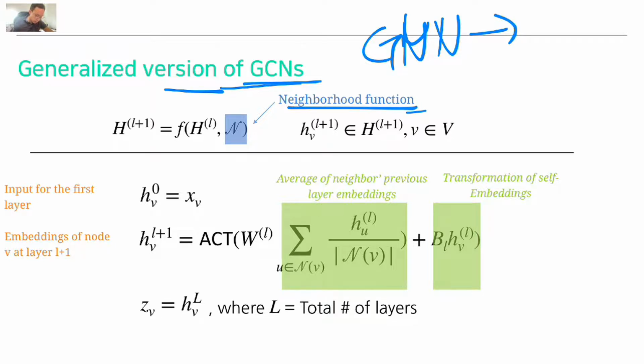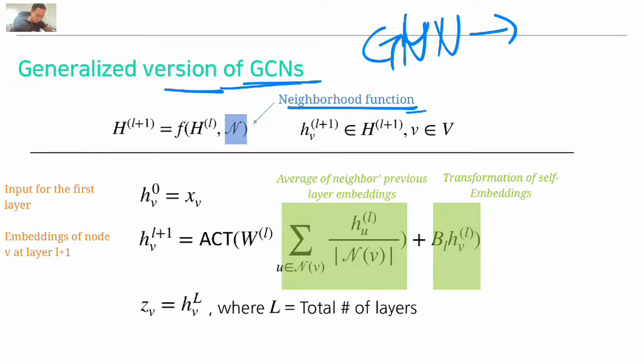Instead of the adjacency, we get the neighborhood function in here. So it depends on your own definition. Your neighborhood could be from the connected neighbors, or it could be from your random walk. It depends on your network, its properties, and your own decisions.